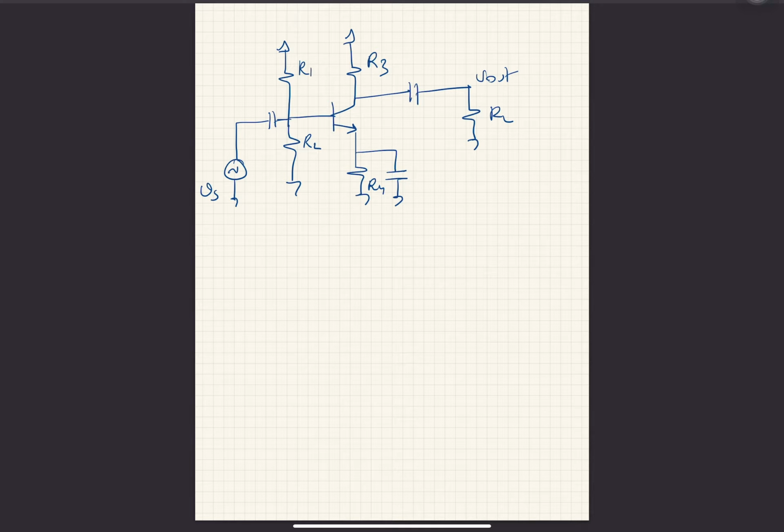And let's assume that the question is the input signal maximum value for small signal operation.